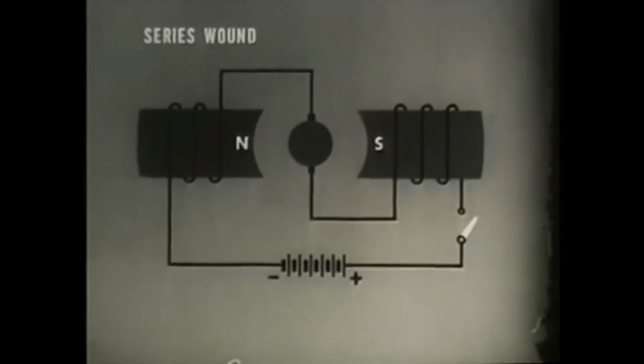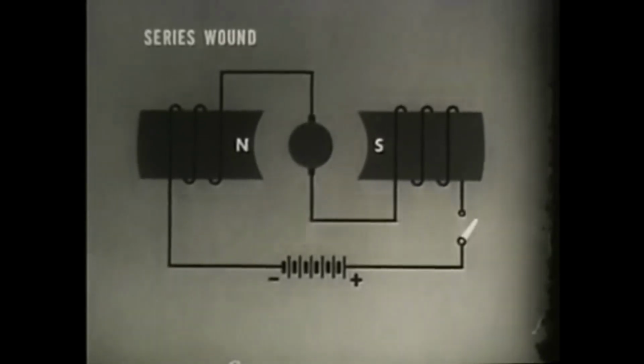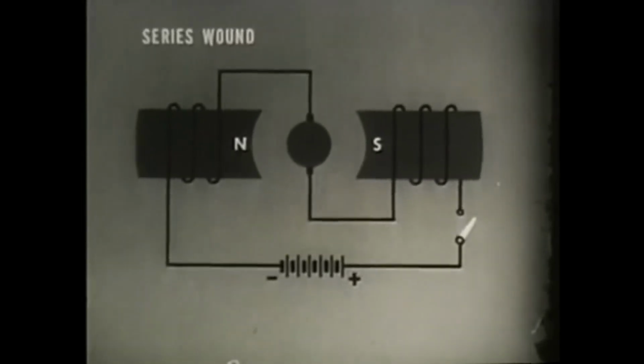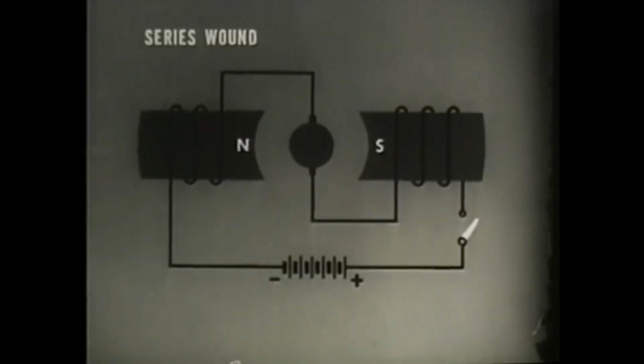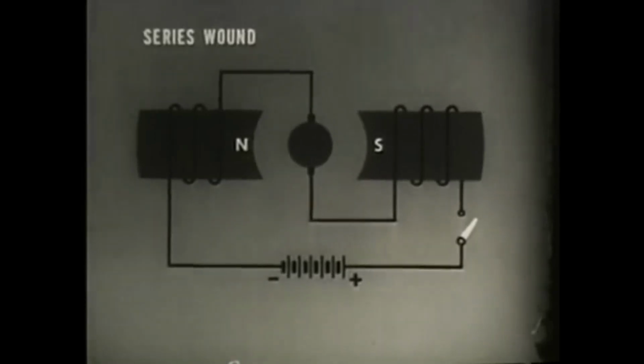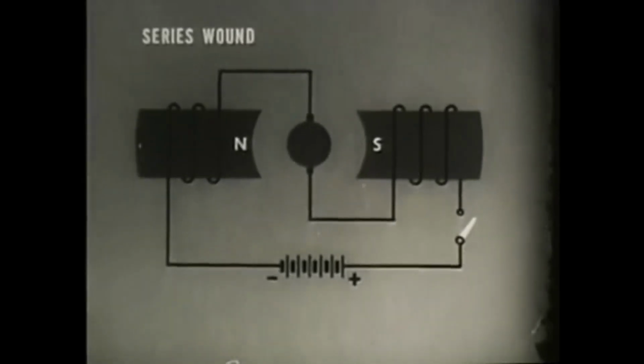The series wound motor has good starting torque, or turning force. Torque depends on armature current and on field strength. Since field strength is proportional to current, the high starting current before CEMF is developed affects torque as the square of the current.